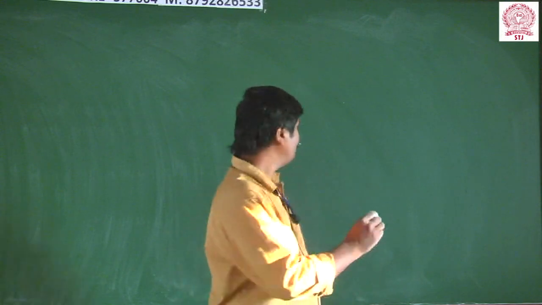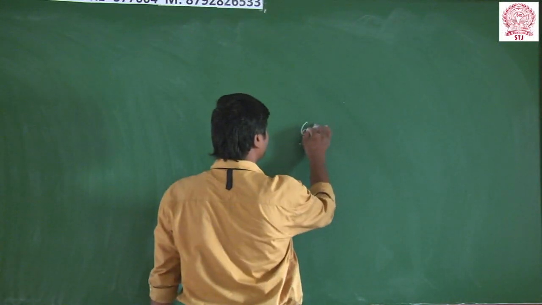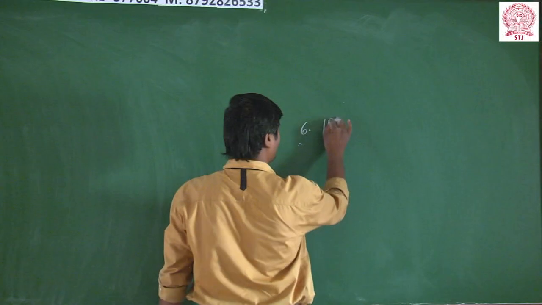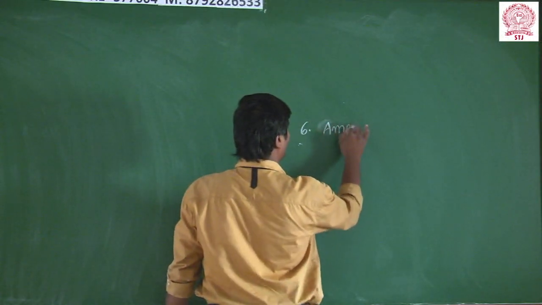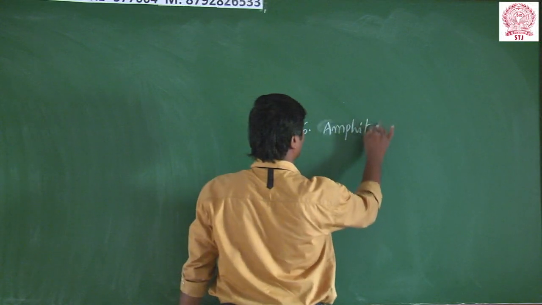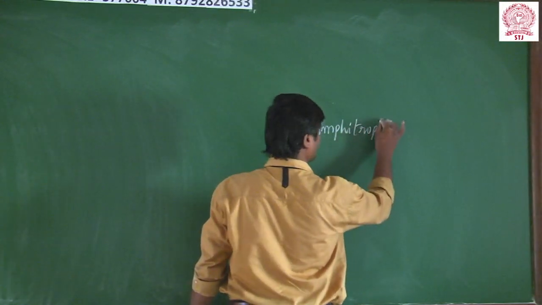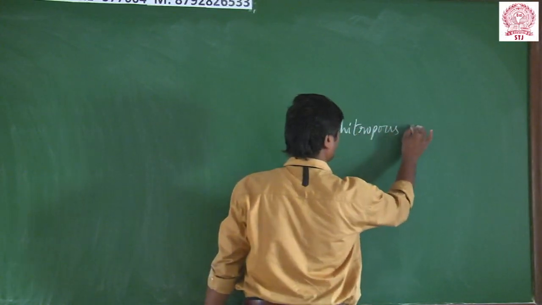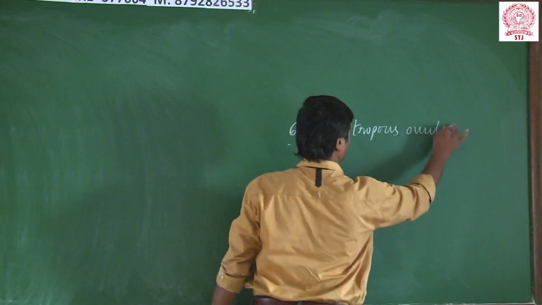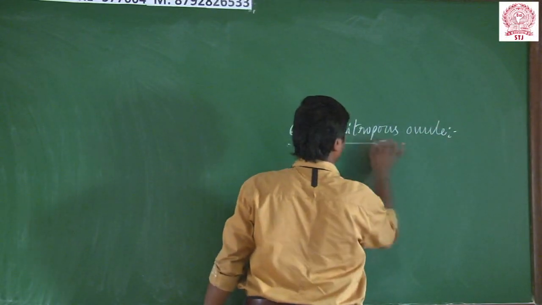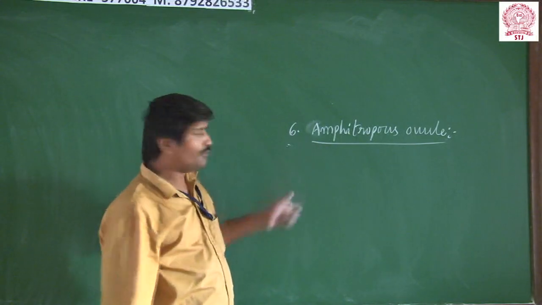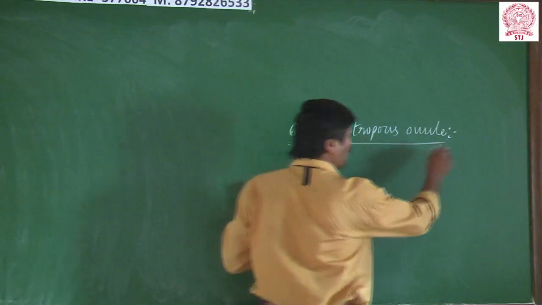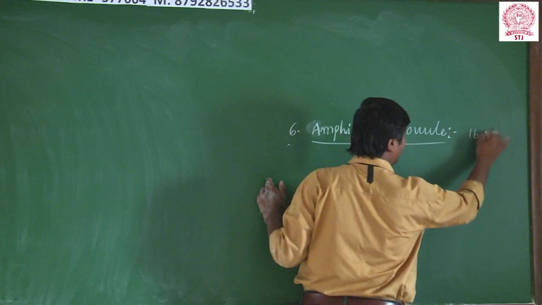Now the last type, amphitropous ovule. It is also a curved ovule. The curvature of the ovule body is 160 degrees.